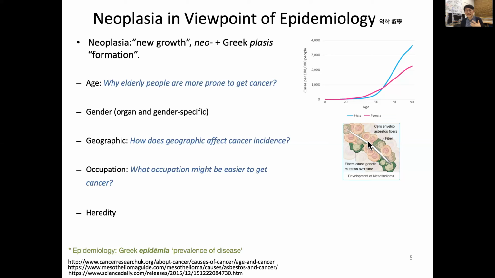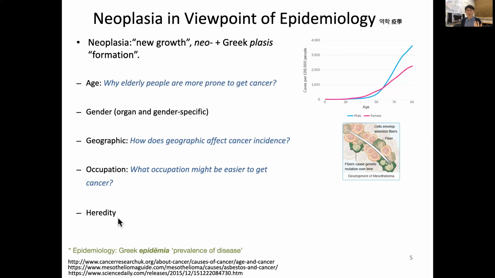So chronic inflammation consistently happens, and these cells trying to engulf it cause mutations over time. This can cause mesothelioma, or if it happens in our lungs, lung cancer. So asbestos exposure is a big issue for developing lung cancer.